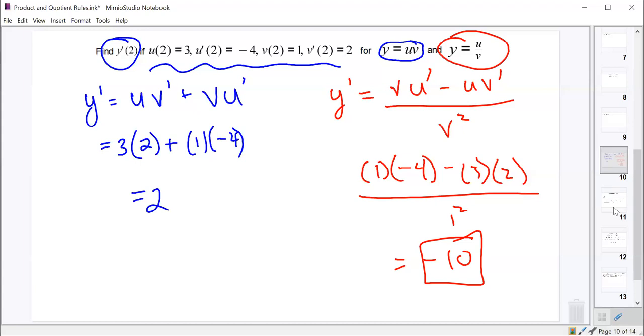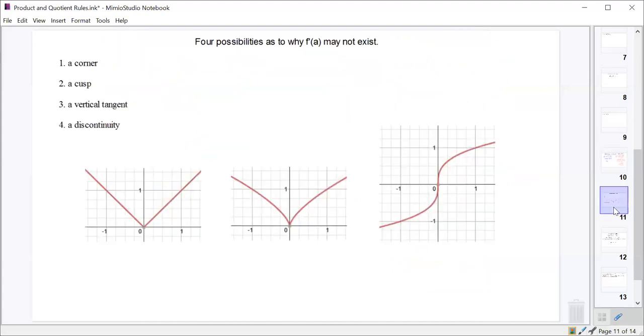So we're going to start with reasons why a derivative might not exist at a specific point. There are 4 reasons why a derivative might not exist at a point. The first is a corner, the second is a cusp, the third is a vertical tangent line, and the last is if the function itself is discontinuous at that point.